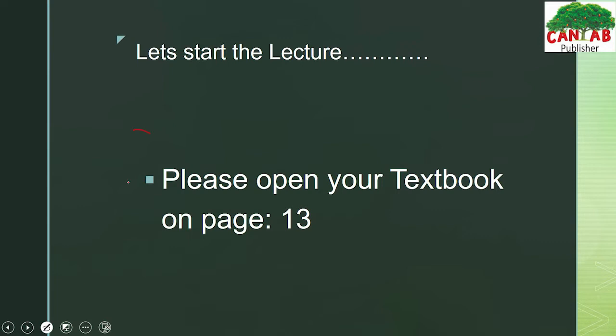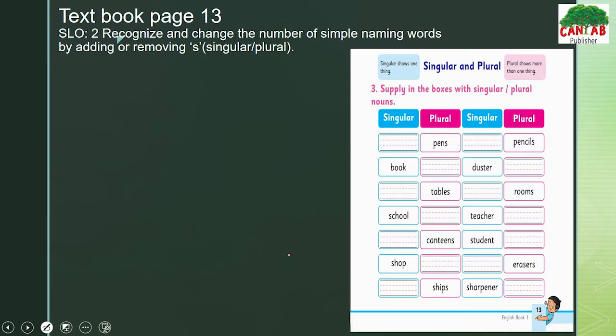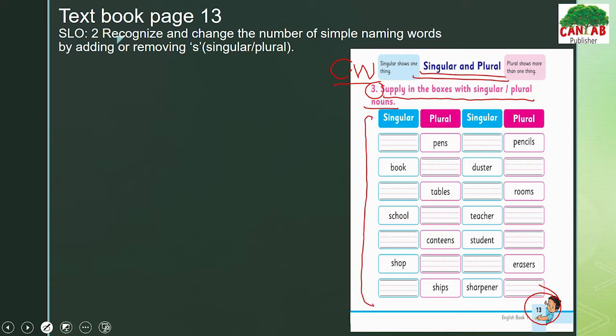Please open your textbook on page number 13 and we'll start the lesson. This is your page number 13, which we are going to do. You can write CW, classwork, here on this page. So before we try to fill in question number 3, supply in the boxes with the singular and plural nouns, we are going to recognize.